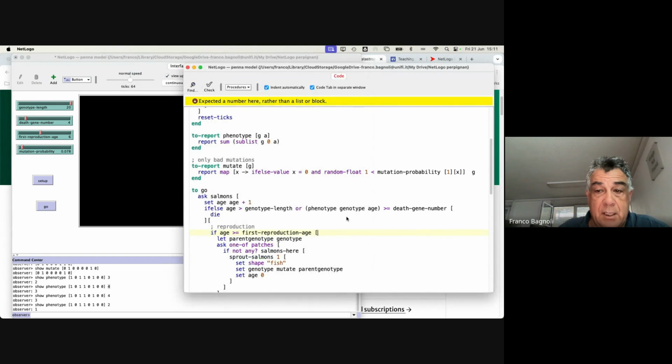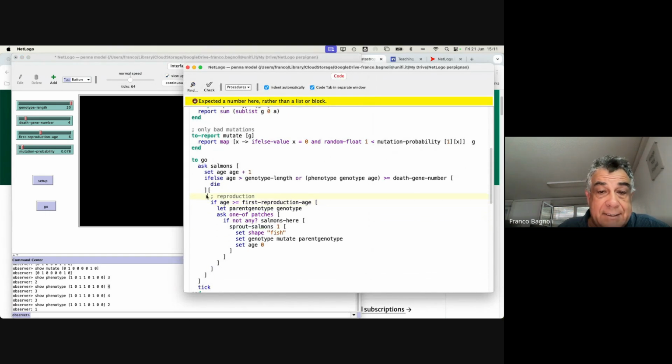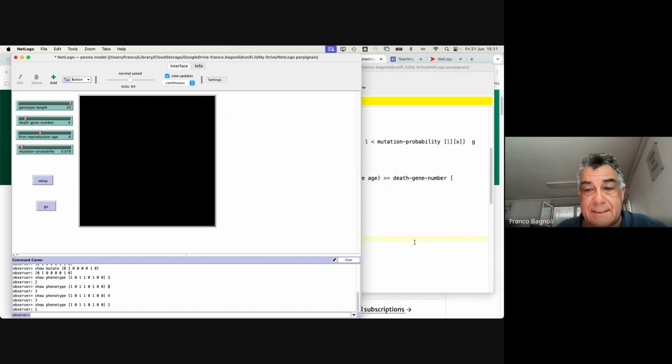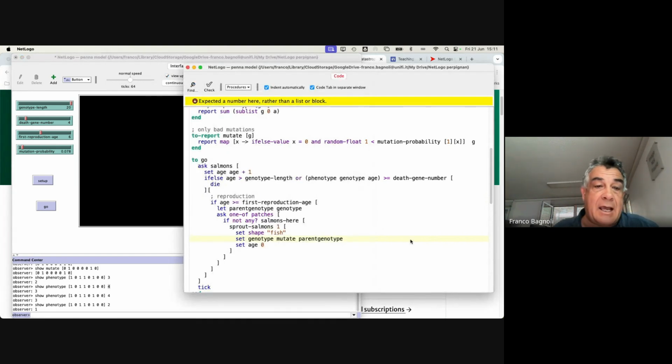And otherwise, if they are older than the first reproduction age, they can reproduce more than once. The idea is to see how semelparity, the fact that they only reproduce once, arises from this.